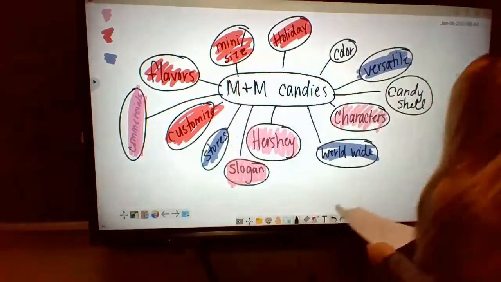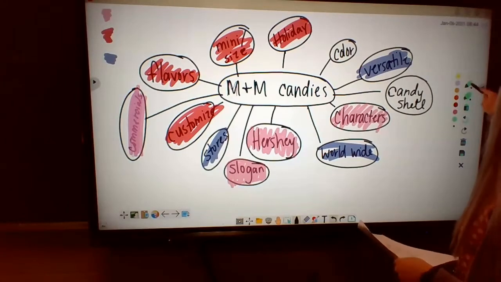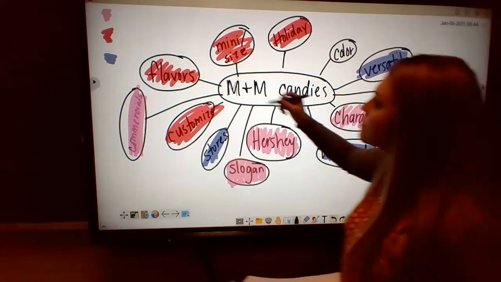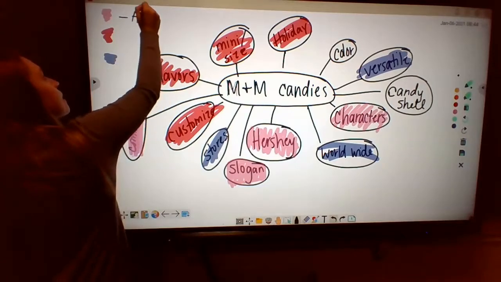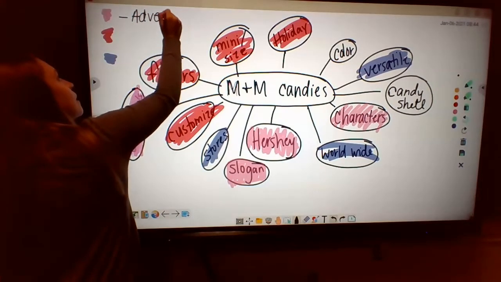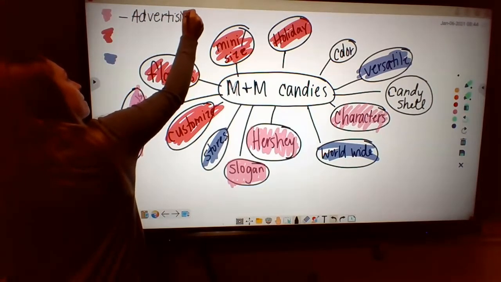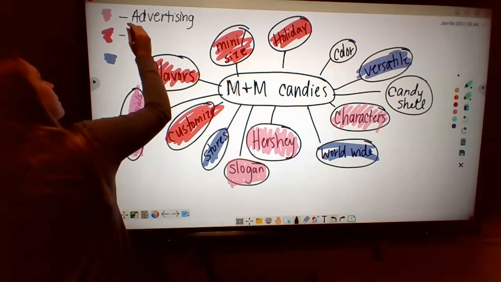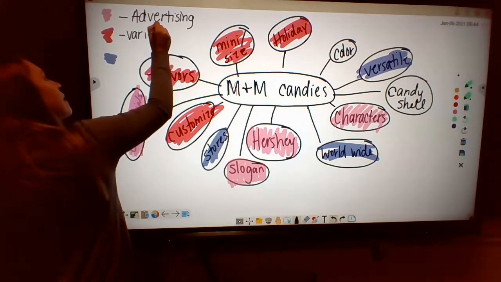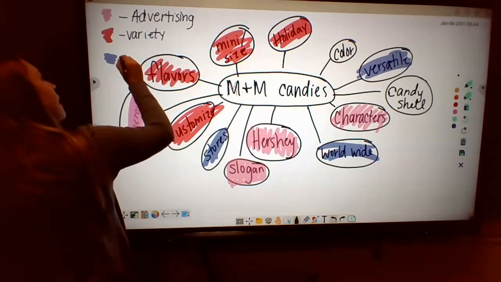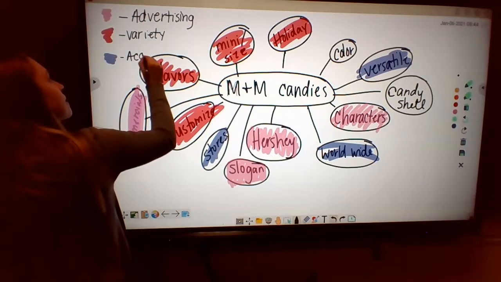So we have advertising, we have variety, and we have accessibility.